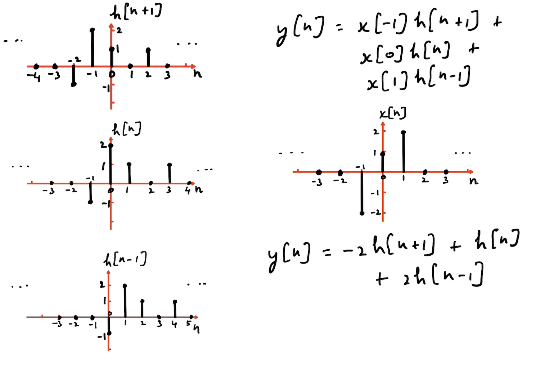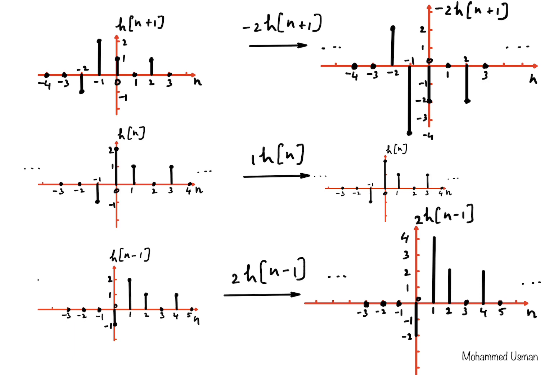So what is the contribution of x of 0 to y of 0, y of 1, y of 2, y of minus 1, y of minus 2, and so on? What is the contribution of x of 1 to every sample of y? What is the contribution of x of minus 1 to every sample of y? And it is taking all those contributions and adding them all together to get the overall response of the system. That is basically what convolution is doing.